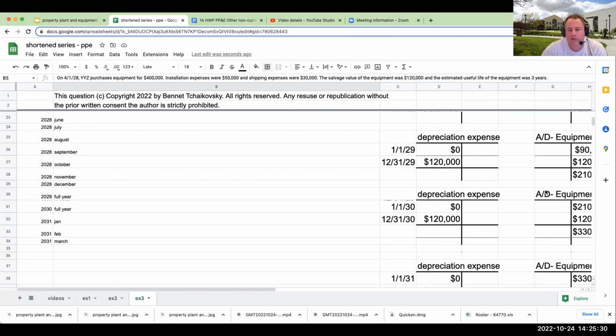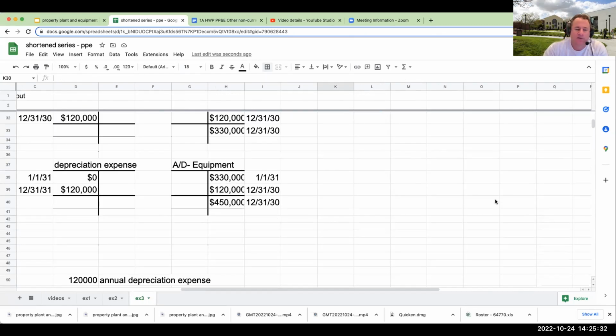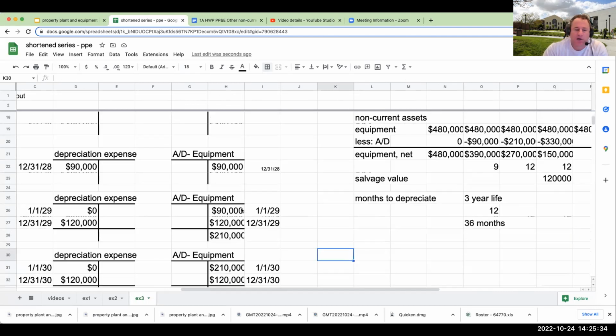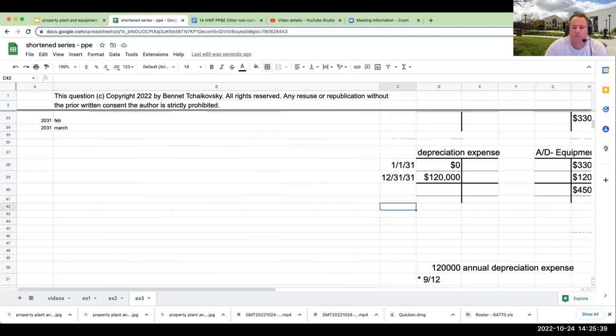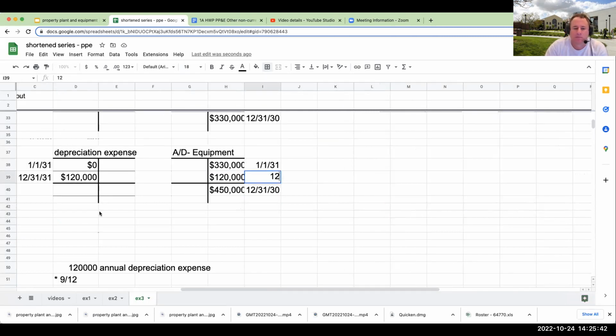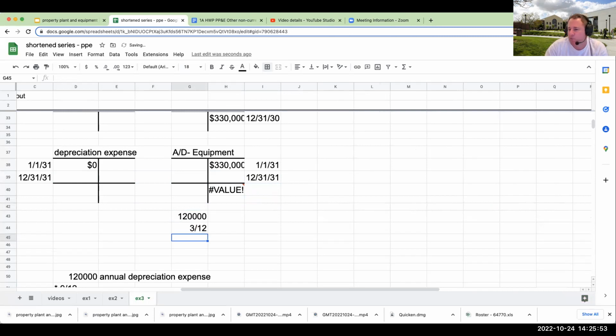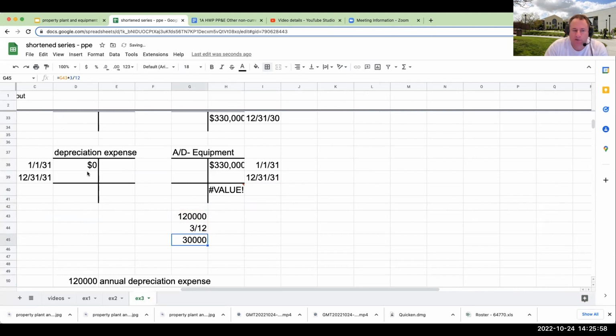So if I take 120,000 and I multiply this by 3/12, I'm going to get $30,000. So the amount of depreciation expense that I take for this year is going to be 30 grand.